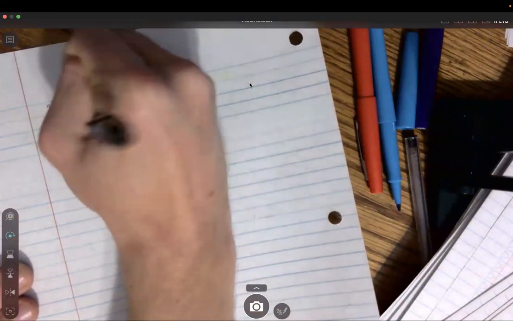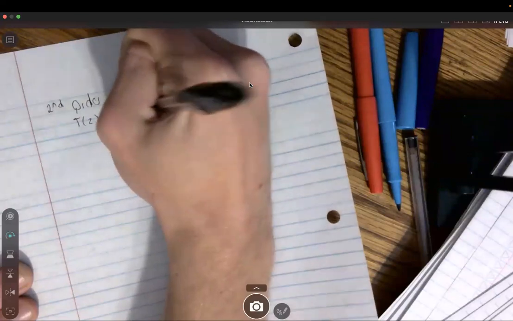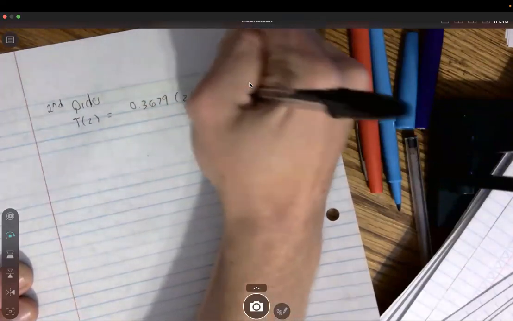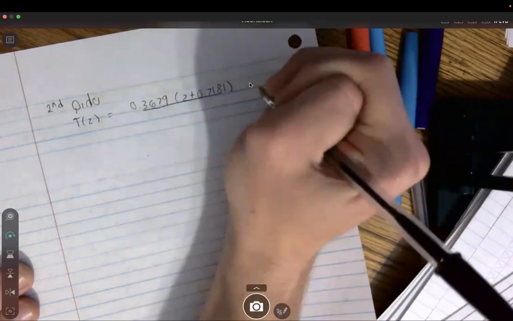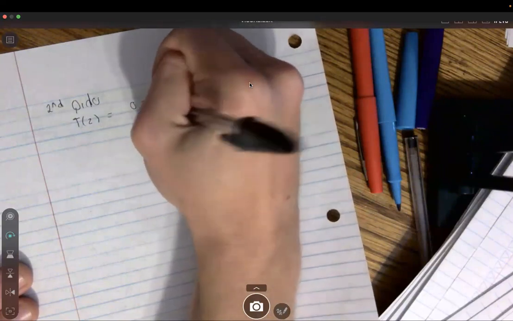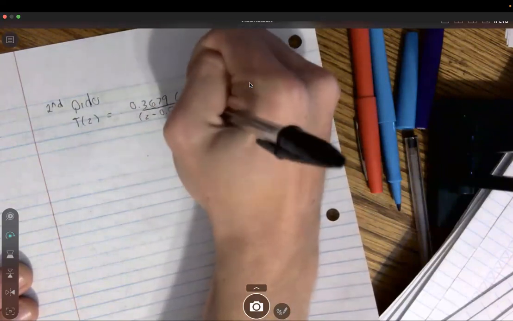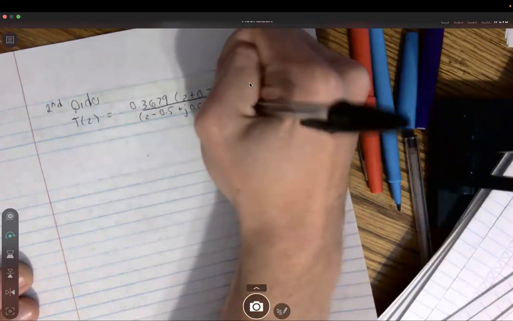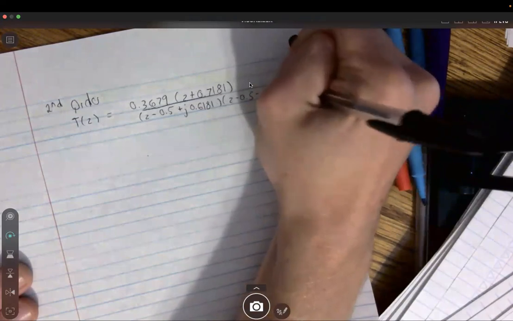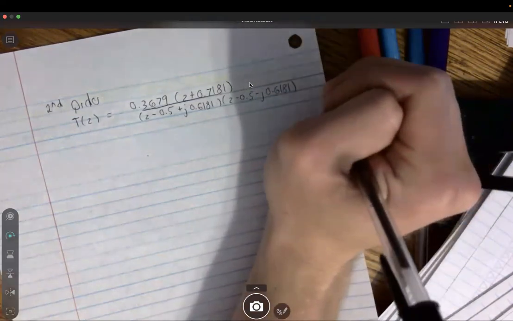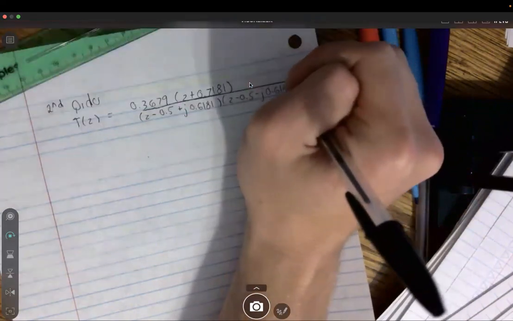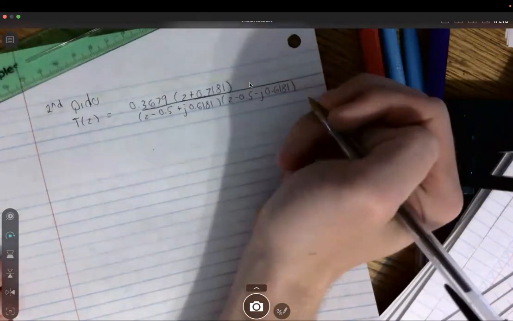T of Z is equal to, say, 0.3679 times Z plus 0.7181, then we have the conjugate poles, Z minus 0.5 plus j 0.6181, and then Z minus 0.5 minus j 0.6181.